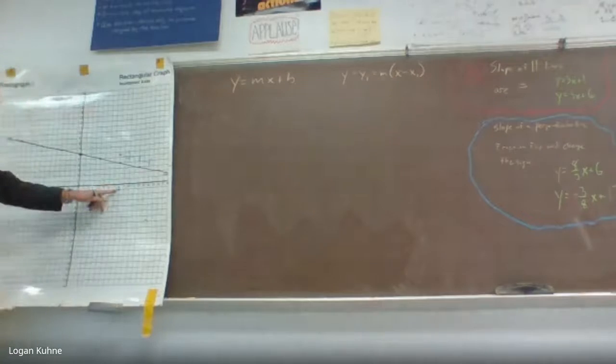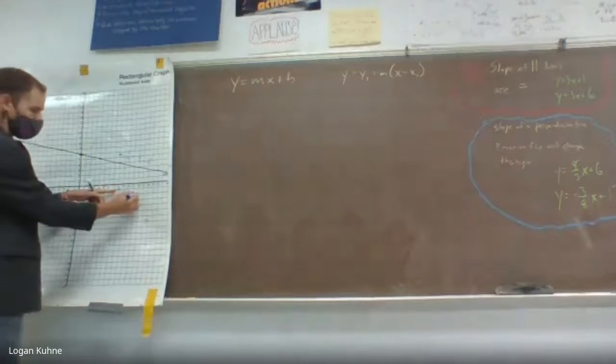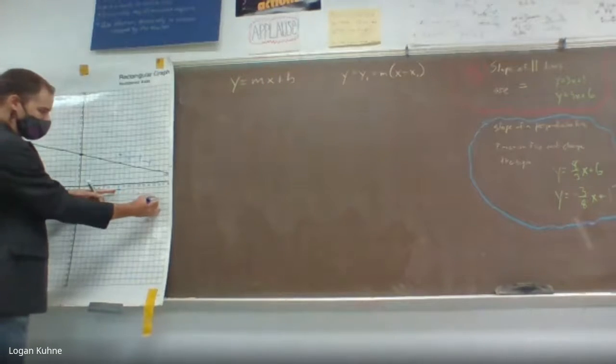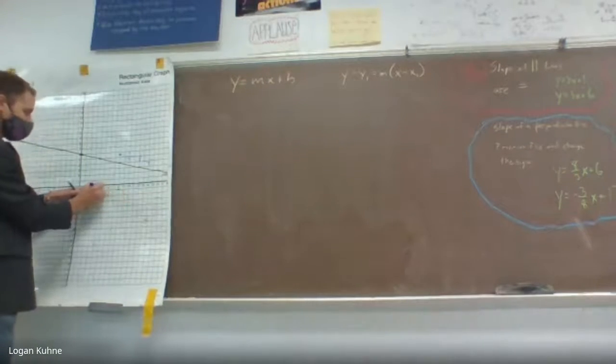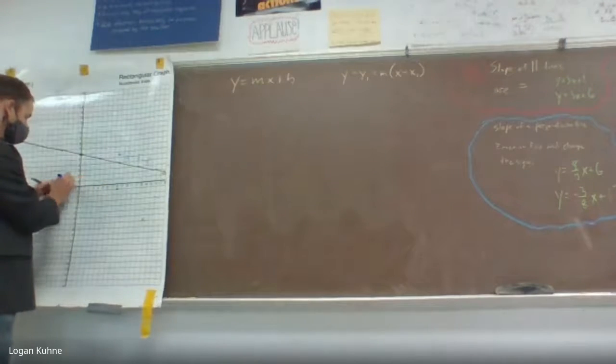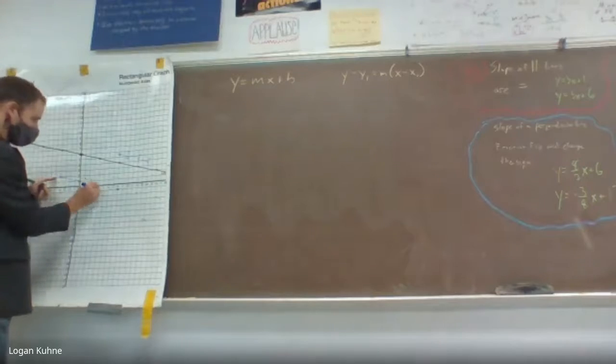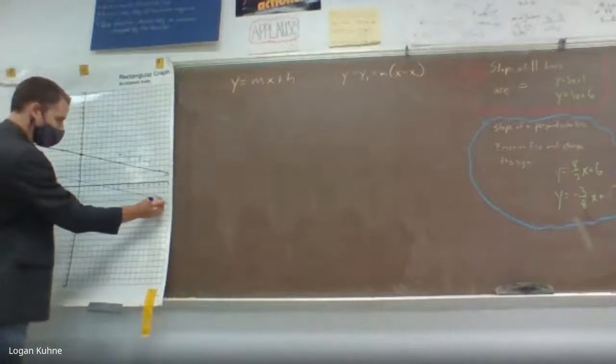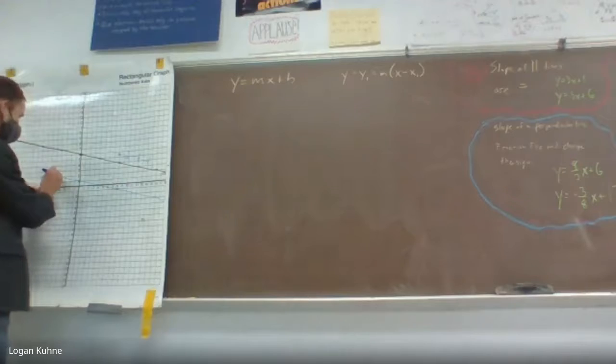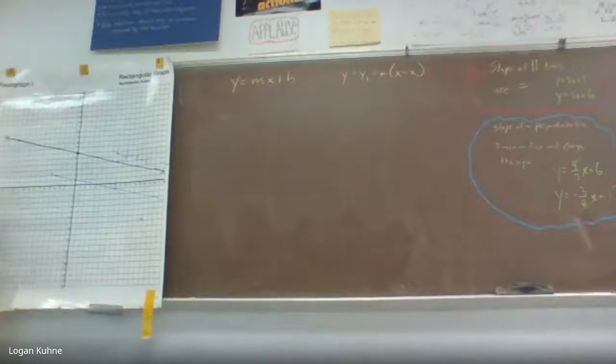So this line has to have a slope of -1/4: down 1, over 4. You can also go up 1, back 4, up 1, back 4. You can graph points ad infinitum, but probably just do it ad nauseum until you're sick of it. You graph the line.